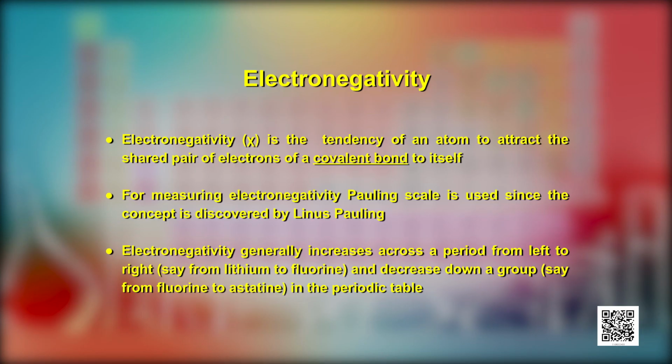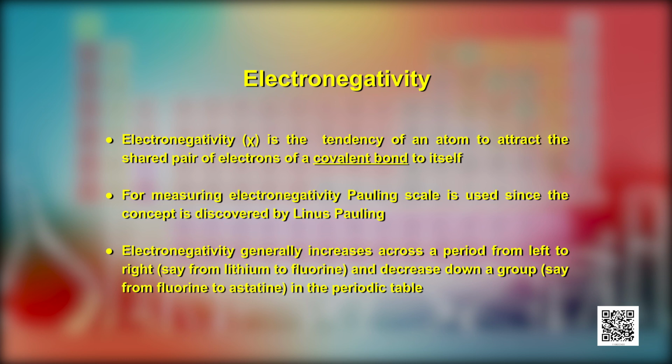Let us discuss another trend followed by another property called electronegativity. But before that, we need to understand what electronegativity is. In a bond between two different atoms, the respective pull on the electrons of the shared pair is not equal. One of the atoms attracts the shared pair more strongly than the other.